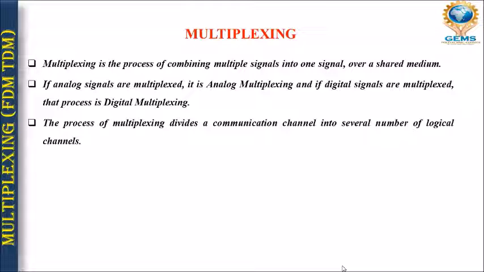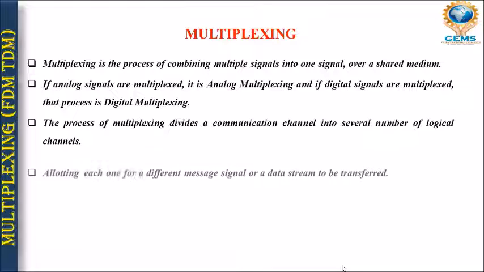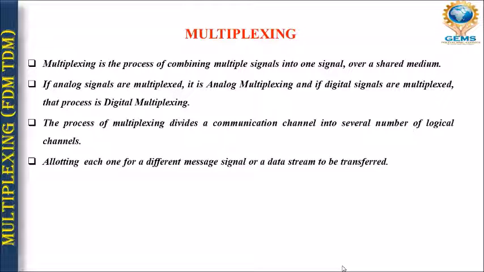So not physically, logically, multiplexing means we are dividing the channel into various logical channels, and what we are basically doing is allotting each one of the different message signals or data streams to be transferred.